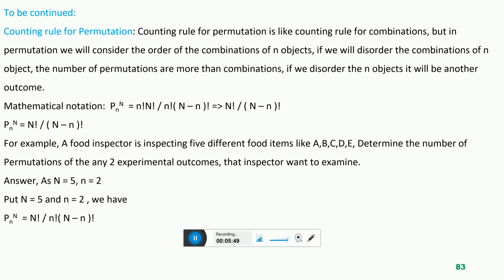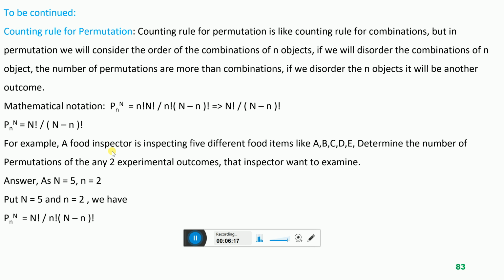This group of items we represent by small n, and the large set of items by capital N. Let me further clarify the counting rule for permutation and the difference between permutation and combination with an example.